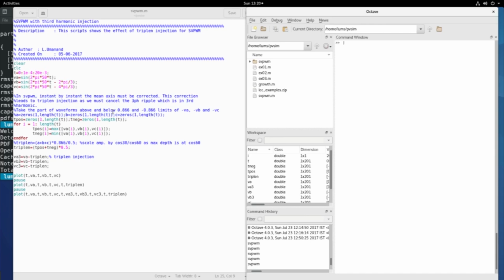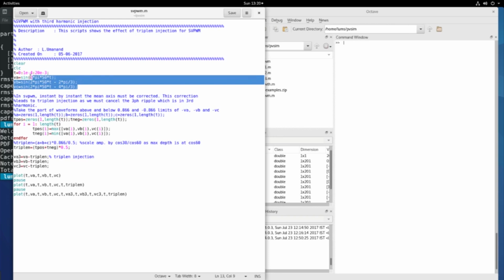They vary as the envelope is changing. So automatically the third harmonic gets into the picture, and because of that you get that extra mileage of 14% more fundamental as compared to regular sinusoidal PWM.